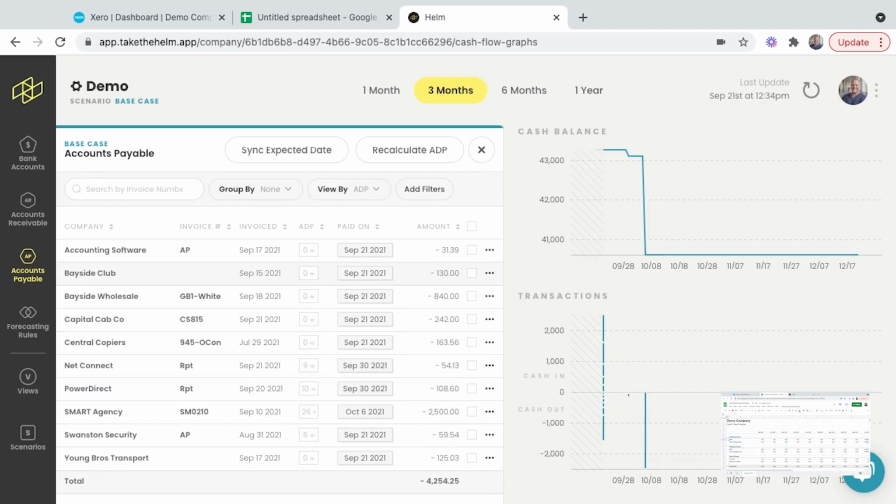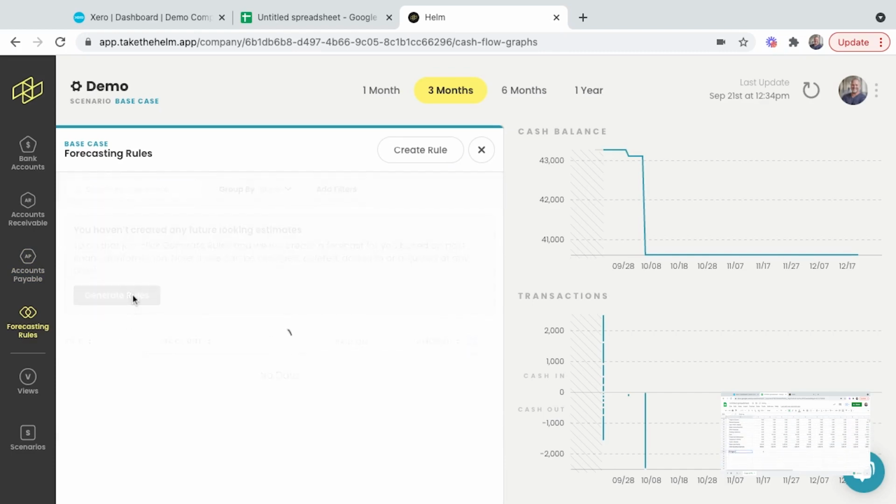So Helm's actually going into the accounting system and calculating how we, the demo company, actually pay all of our accounts payable. And you can see that our graph adjusted here, and that's because it's pushed out accounts payable for us based off past history. So here we can see Power Direct pays in 10 days, Swanson Security pays in 6, and so on. And so Helm's automatically shifted that forward for us.